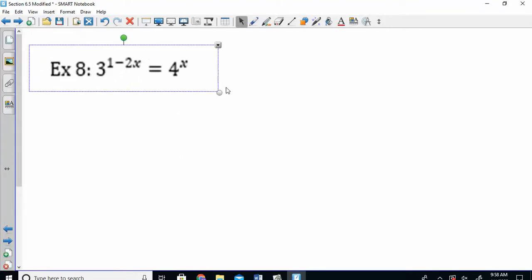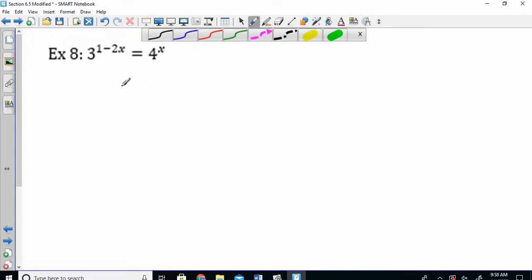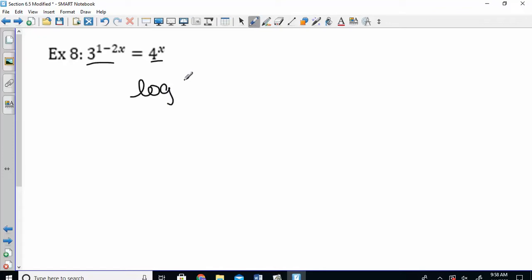So on this one, we can't get a common base. We have exponents on both sides, so we go ahead and start with our log. Exponent comes down. Am I confusing anybody if I do two steps at once, where I write it and drop down my exponent?